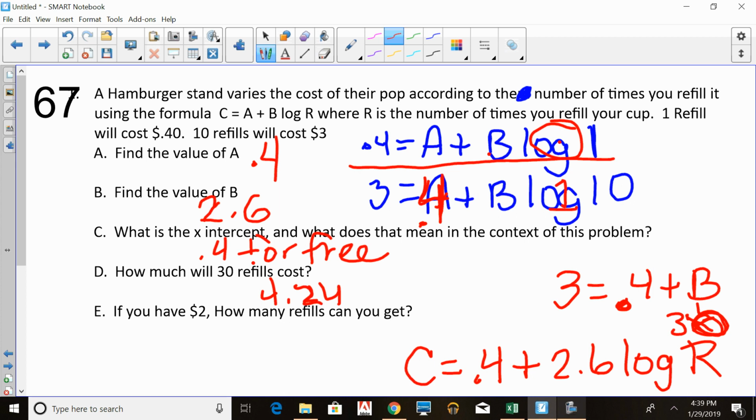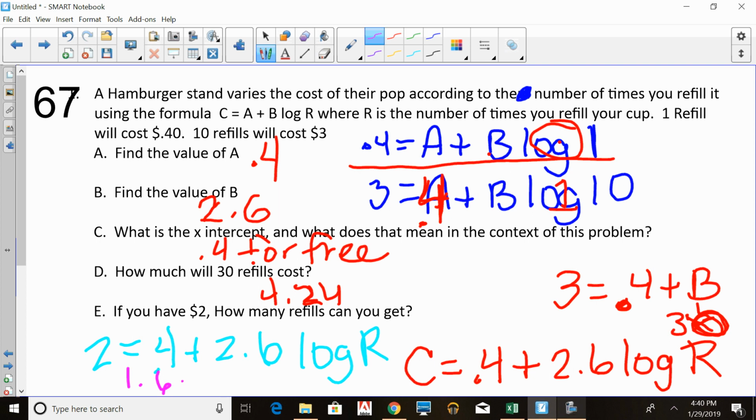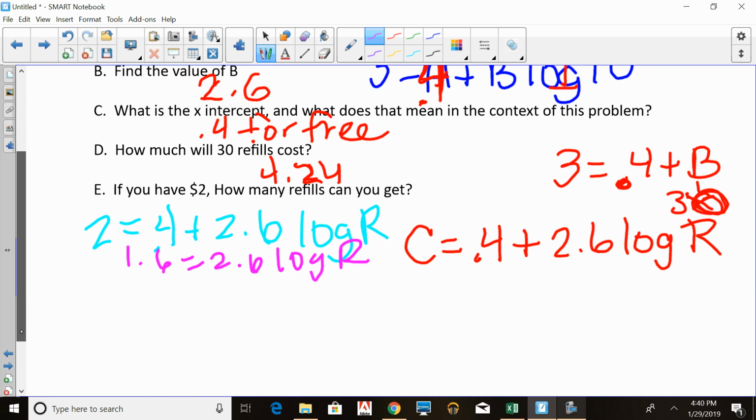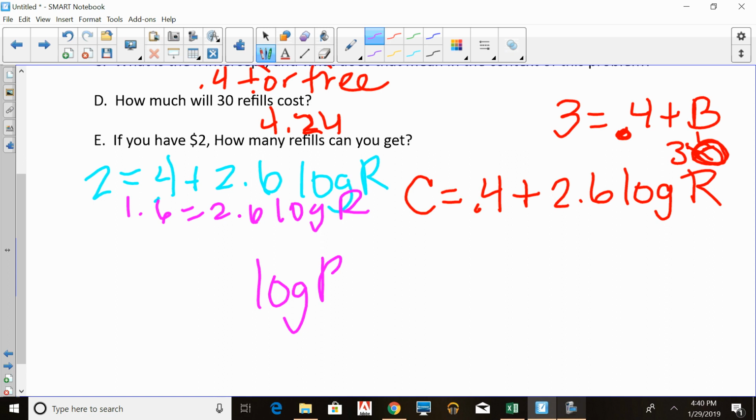And if you have $2, how many refills can you get? Well, then you would have 2 equals 0.4 plus 2.6 log r. But first you would take 2 minus 0.4 to get 1.6 equals 2.6 log r. Then you would divide by 2.6, get 0.615, and then you have log r equals 0.615.